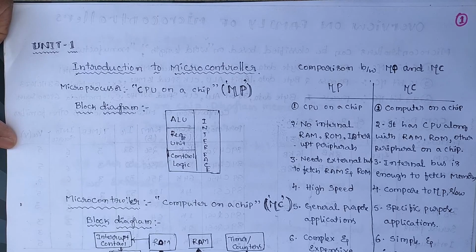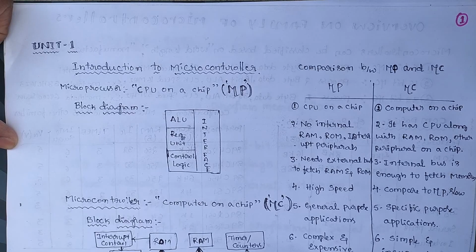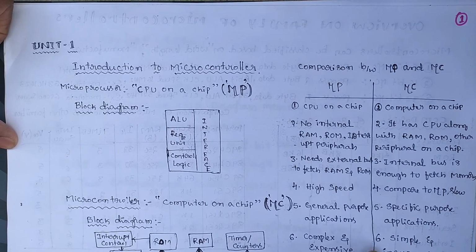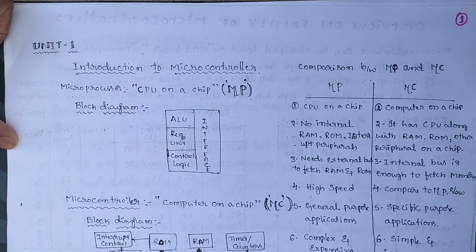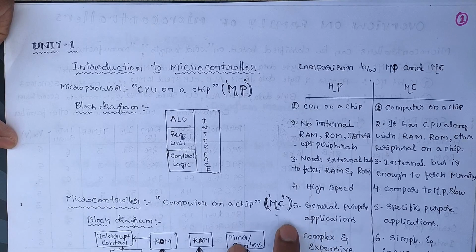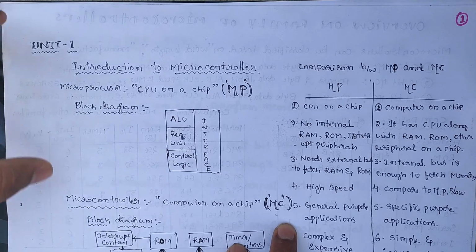The microprocessor is very complex and expensive, because to connect any external peripherals we require an external bus and external structure, so it is more complex in structure and costs more. But the microcontroller has inbuilt memory and inbuilt IO devices, therefore it is very simple in structure and less expensive.